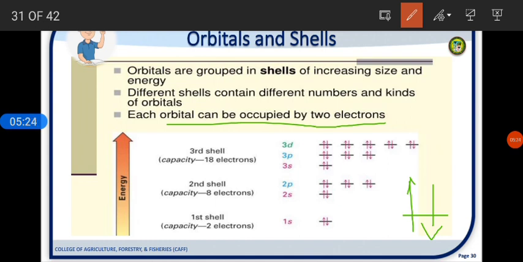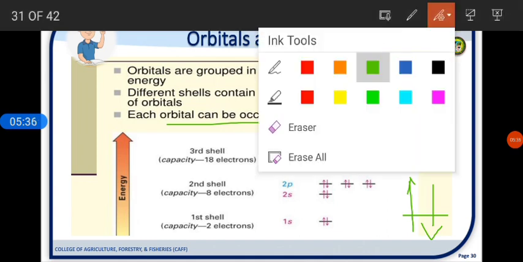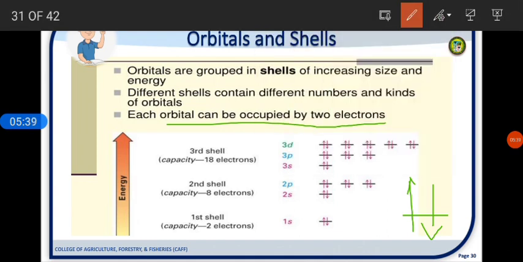The maximum number of electrons is only 2 in each orbital. So we have here the first shell. For the first shell, it has the capacity of 2 electrons only. So you have the 1s orbital. That's why you can only see 1 orbital here, and the maximum number of electrons it can hold is only 2.